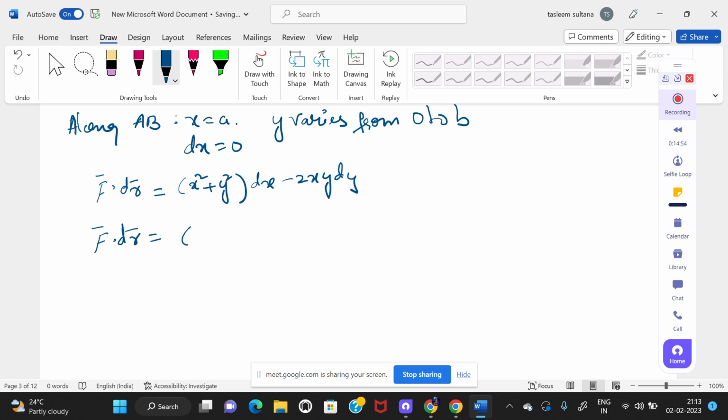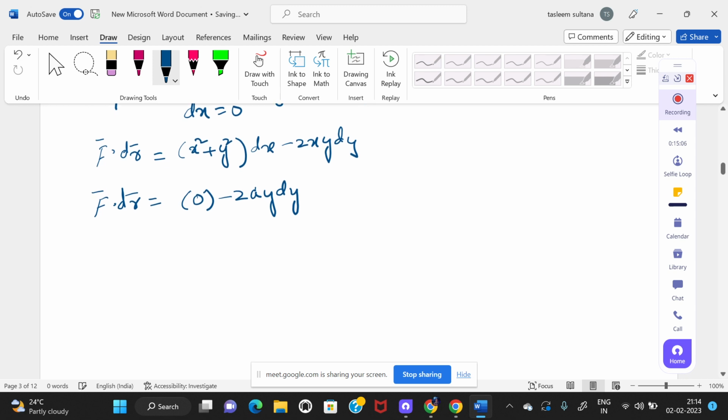Won't the first term vanish? Yes, the first term will completely become 0. So 0 minus 2 into x value, which is a, into y into dy.